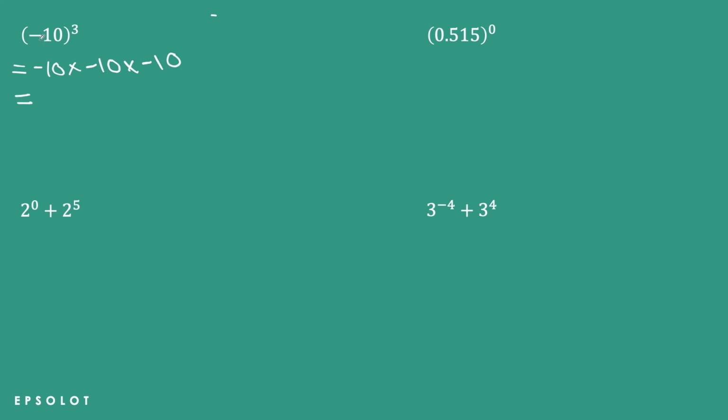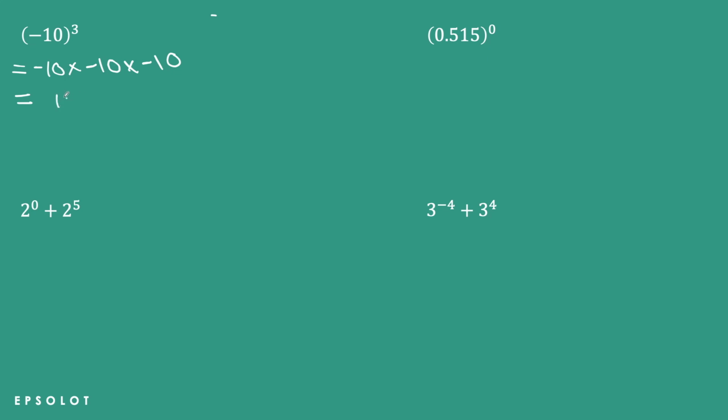Just remember that every time you have this minus in the very beginning, you need to multiply it as well. A lot of people forget the negative, but it's very important to keep that negative when you are writing out the exponential. So now, since it's to the power of 3, it's 10 times 10 times 10.